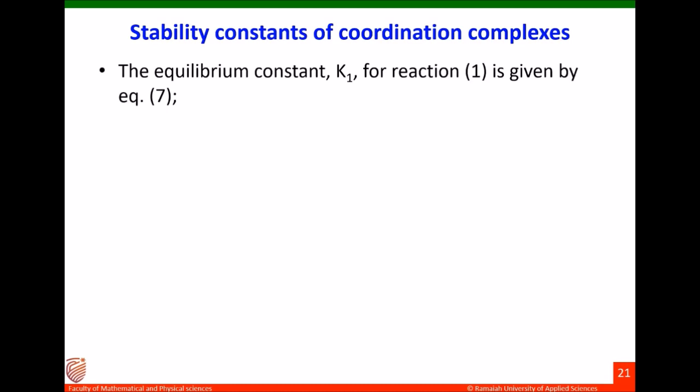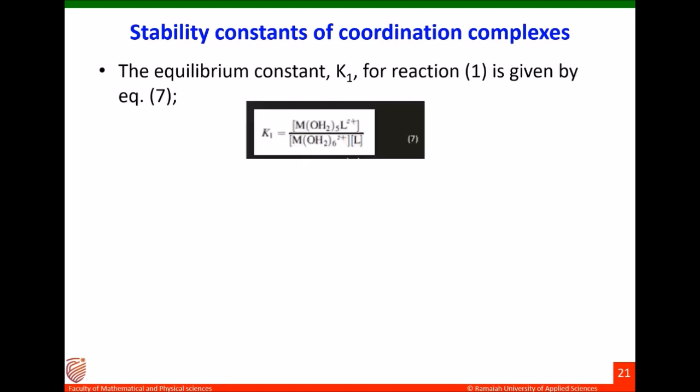Now, the equilibrium constant for the first reaction, reaction number 1, you can write as K1. K1 equals the concentration of the product [M(OH2)5L]^(z+) divided by the reactants [M(OH2)6]^(z+) and L. Normally we don't write the concentration of H2O; we consider it as unity.